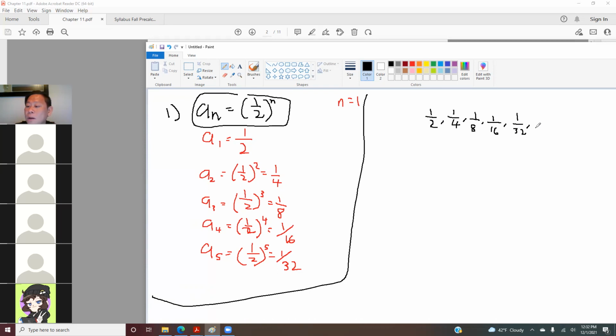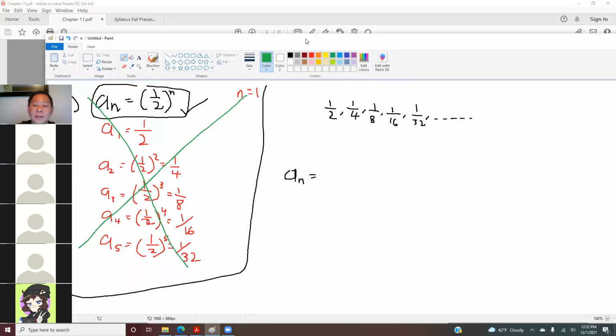Can you tell me what your an term is? So we do it backwards now. We know the answer in this case is 1/2 to the power of n. But let's say you do not know all this. Okay. The answer is this one. So how do we know this?